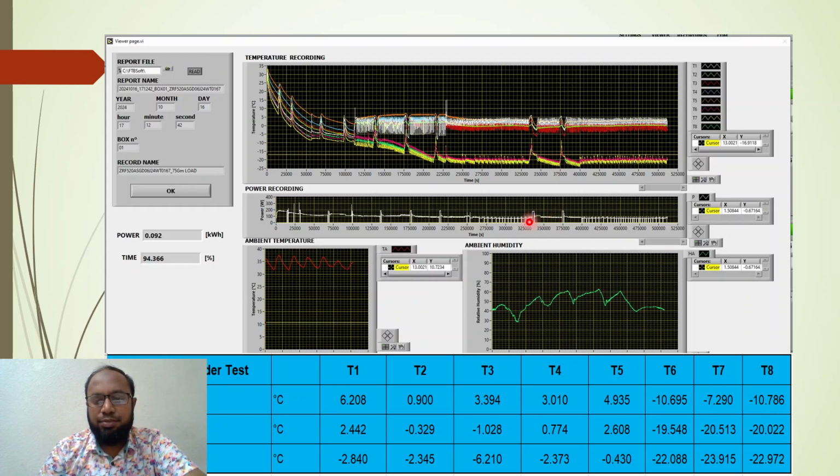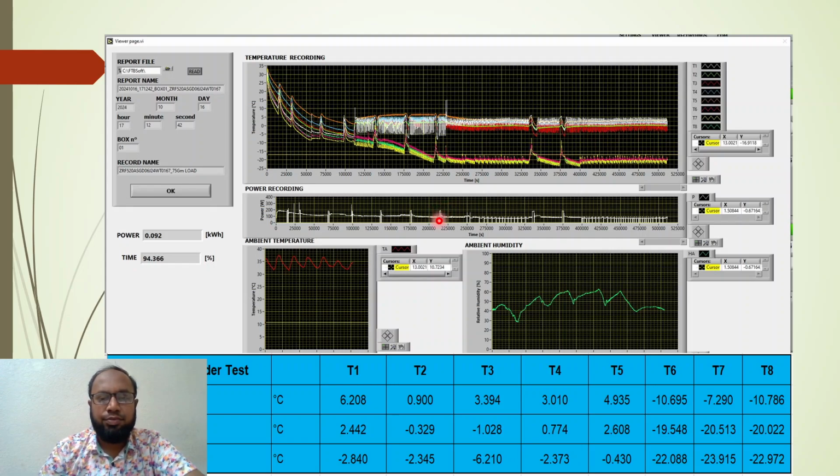As I marked in my chart, from here to here is 11 hours, defrost to defrost. This is the defrost time, where power consumption is higher, like 200 watts. When the refrigerator consumes 200 or 180 watts, we can say the refrigerator is defrosting. That means the heater is on to melt the ice on the evaporator.